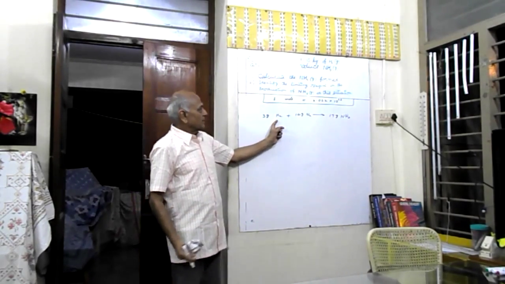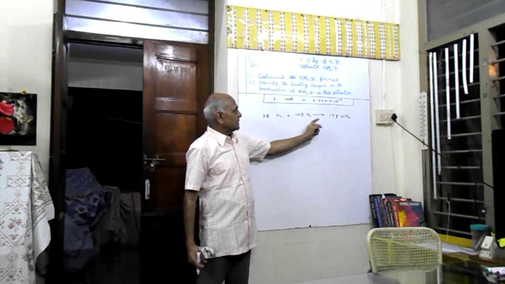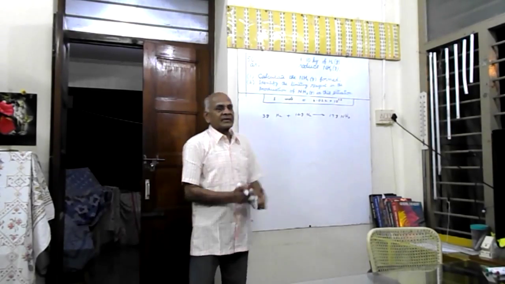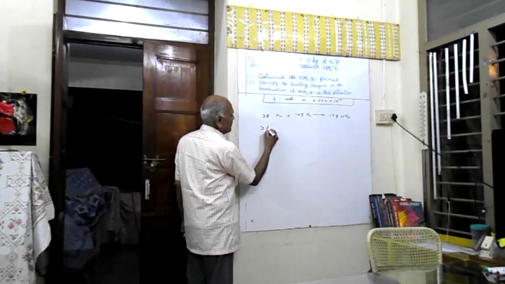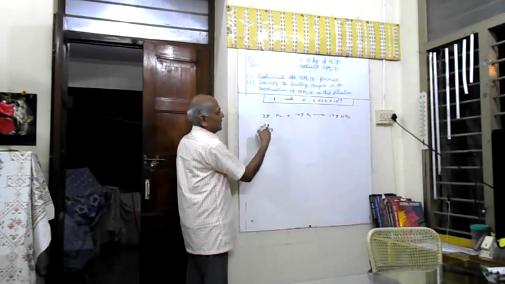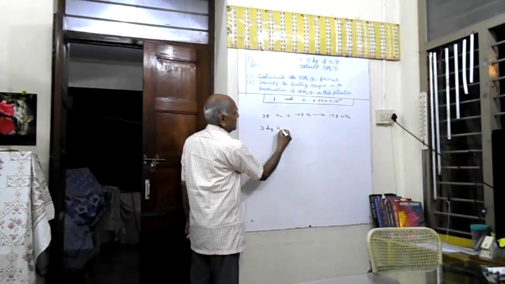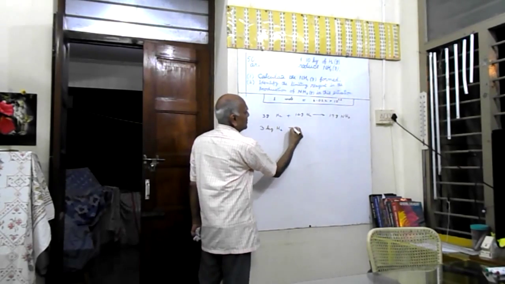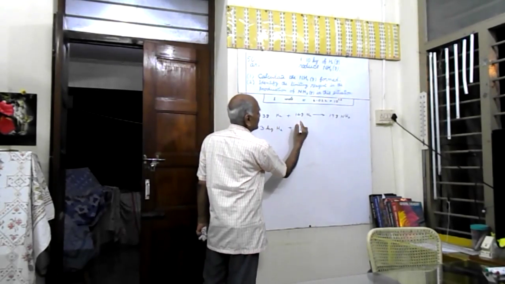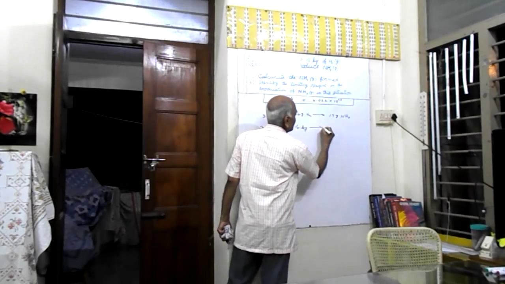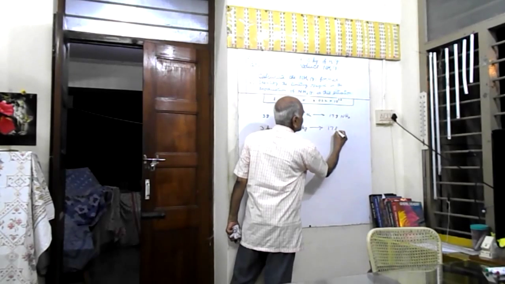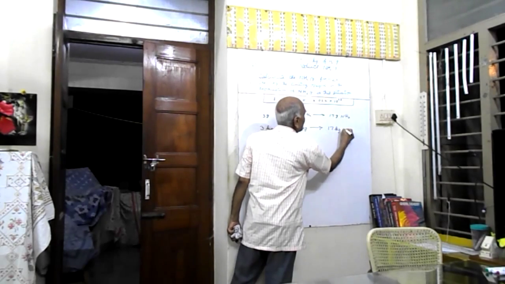Three grams of hydrogen will combine with 14 grams of nitrogen to give 17 grams of ammonia. Therefore, 3 kilograms of hydrogen will combine with 14 kilograms of nitrogen and it will yield 17 kilograms of ammonia gas.